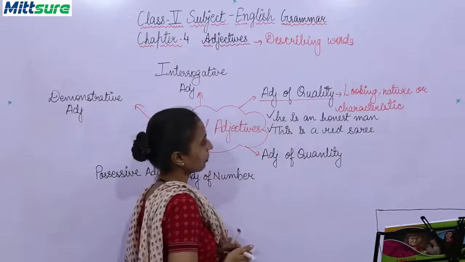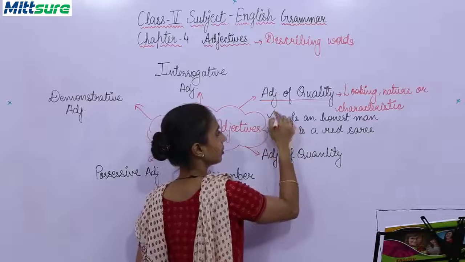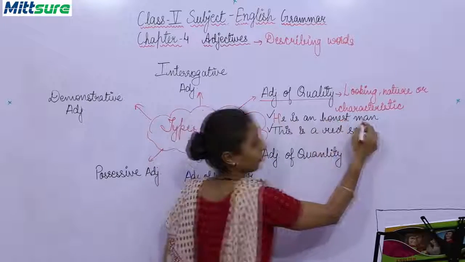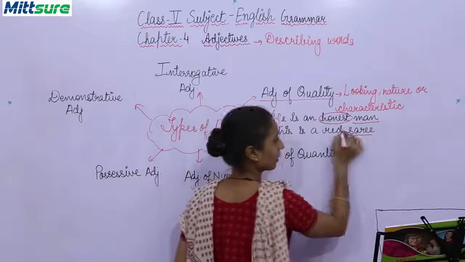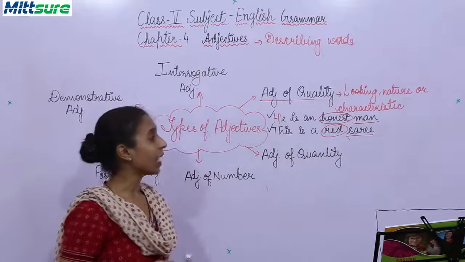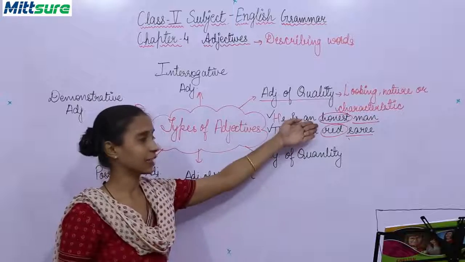Alright, the first example is saying about the nature of a man, honest; sari, color, right, looking and nature. Characteristic also we can say.